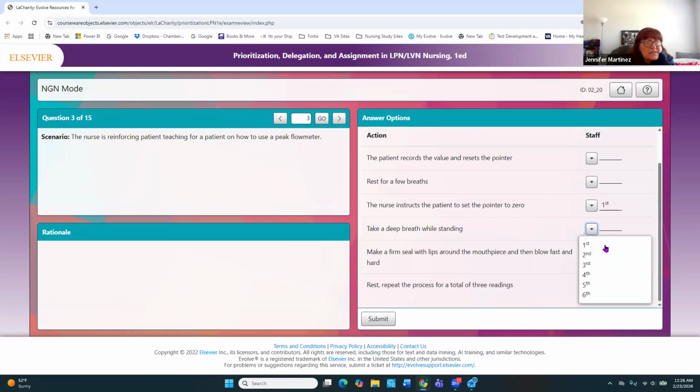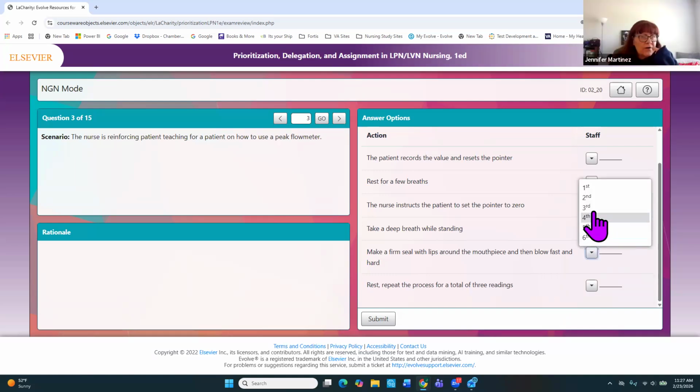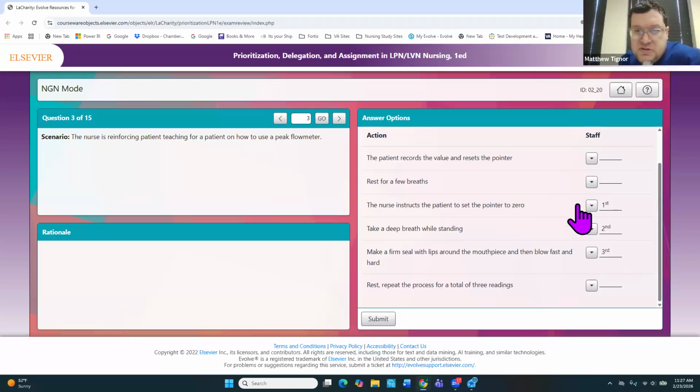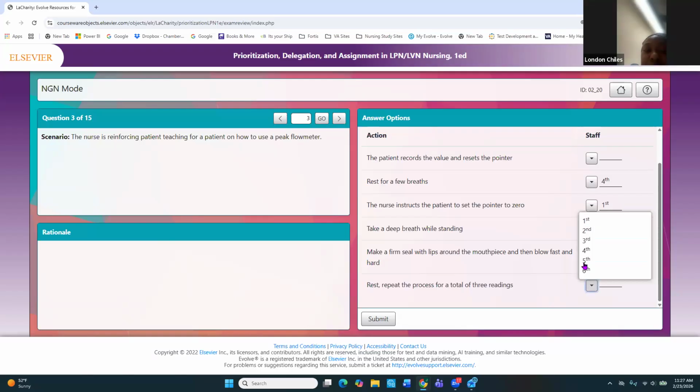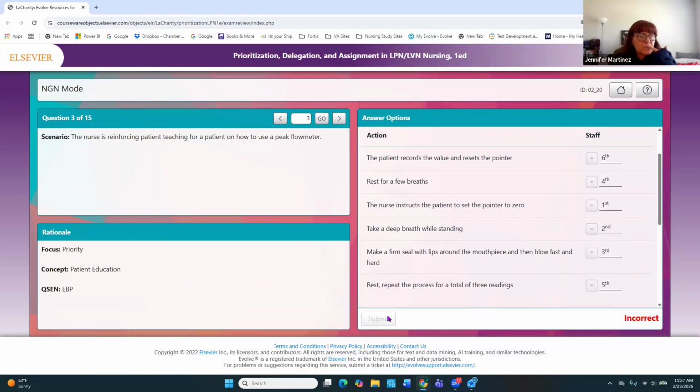So this will be second. Then what? Make a firm seal. Okay. Rest for a few breaths. Record the values and reset. Let's do this one first.